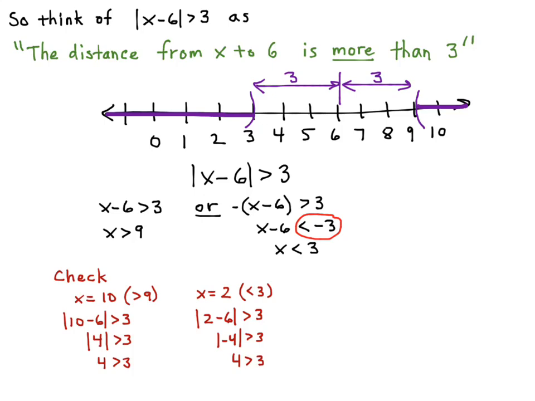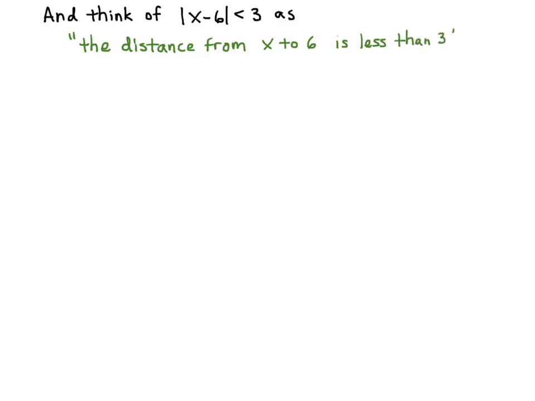Now, if I have the other inequality where it's less than, then I want it within, and so it has to meet both of the criteria, and you get an and. Okay, so when we have a less than, it's the distance from x to 6 is less than 3. So it's within 3 is another way to look at that.